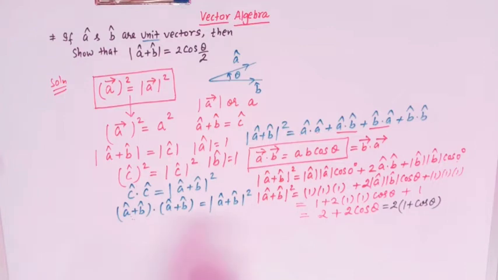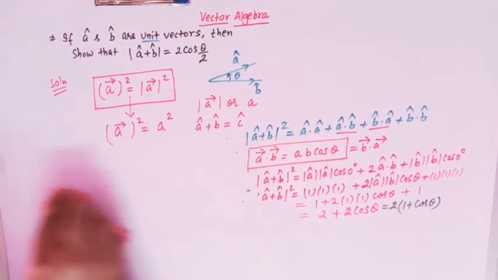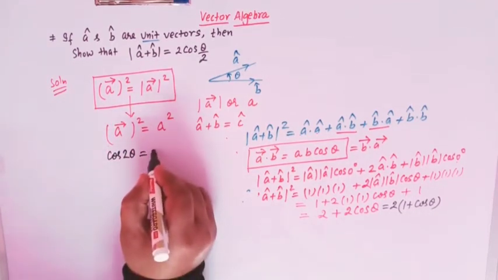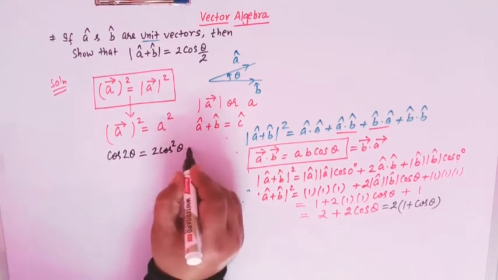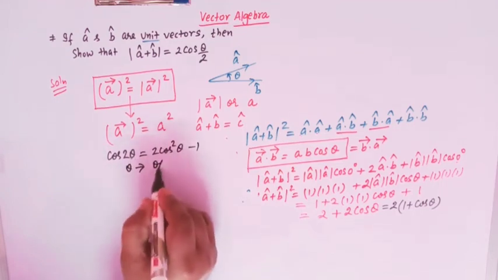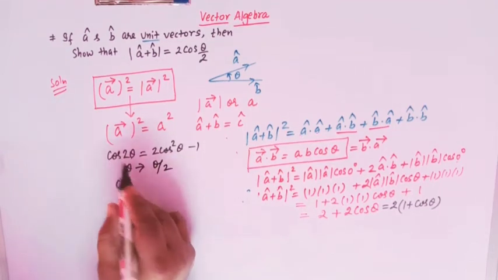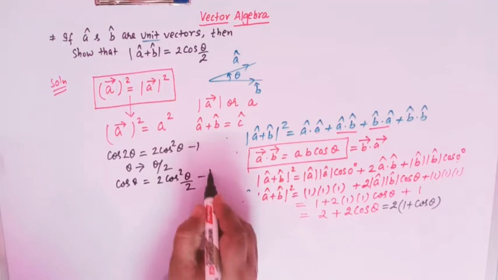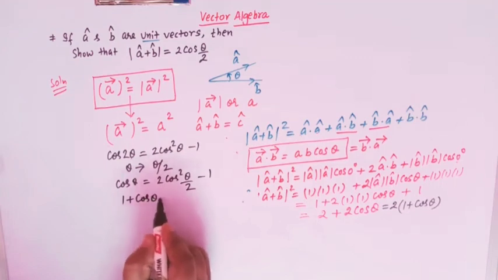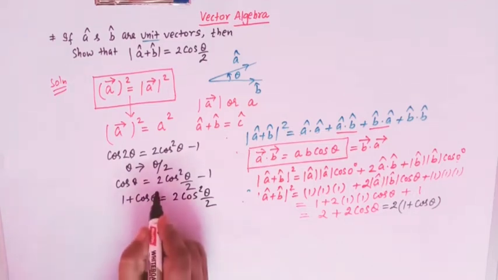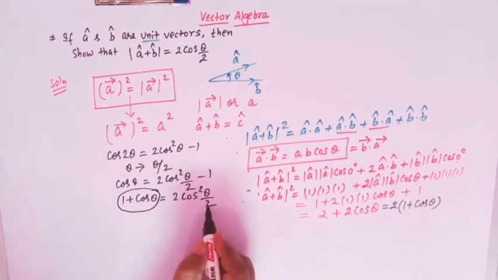Now from trigonometry we know the identity that cos of 2 theta is equal to 2 cos square theta minus 1. Replacing theta by theta over 2, we have cos theta equal to 2 cos square theta over 2 minus 1, and taking the minus sign to the other side, we have 1 plus cos theta is equal to 2 cos square theta over 2.